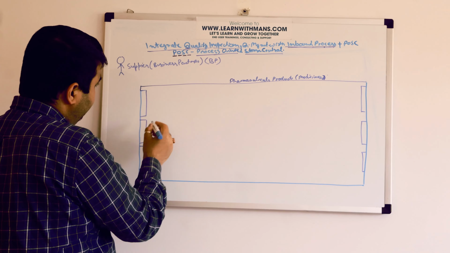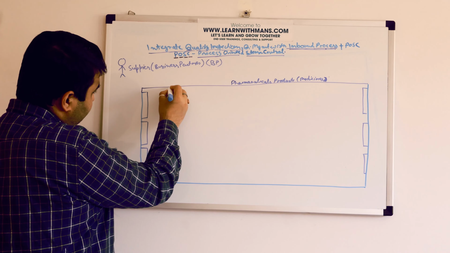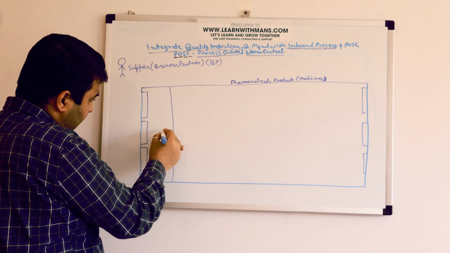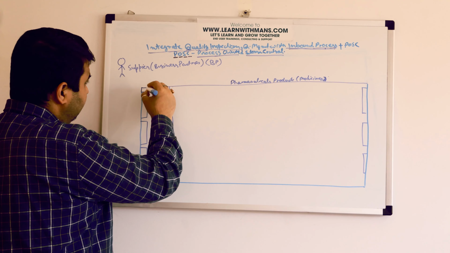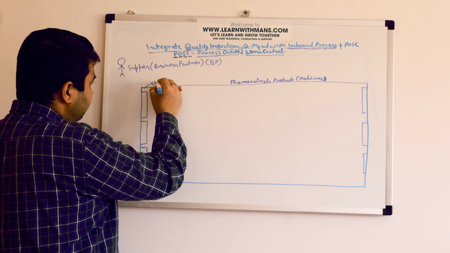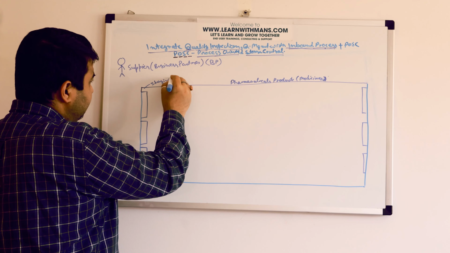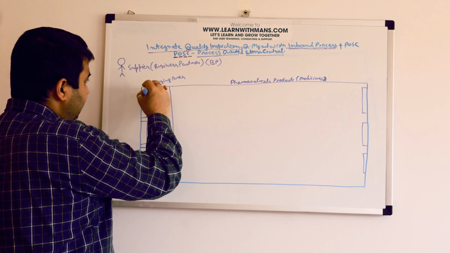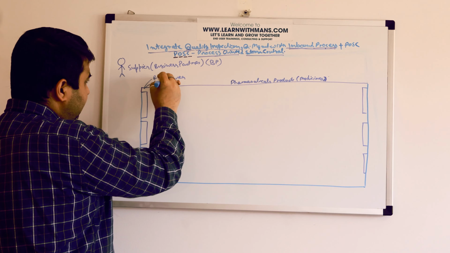So we have the door, and just beside the door we have the reception area. This entire area we call the staging area. We call this entire area the reception area.